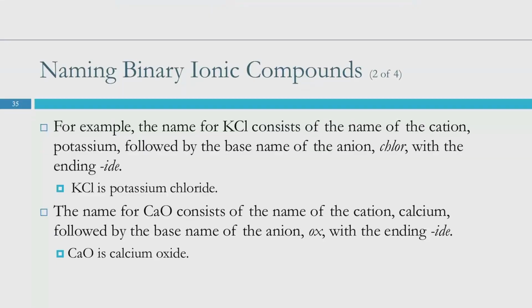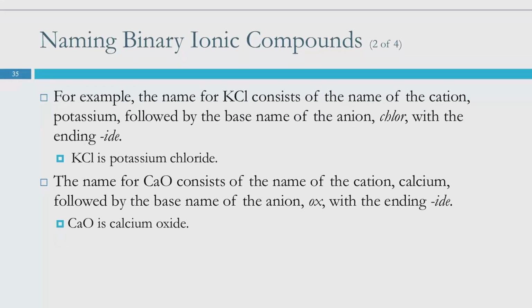So for example, KCl. K is potassium. Cl is chlorine. It's in a compound, so it's negatively charged. It's ionic. So we make it chlor, and then we have to change the ending to -ide. So the full name, potassium chloride.